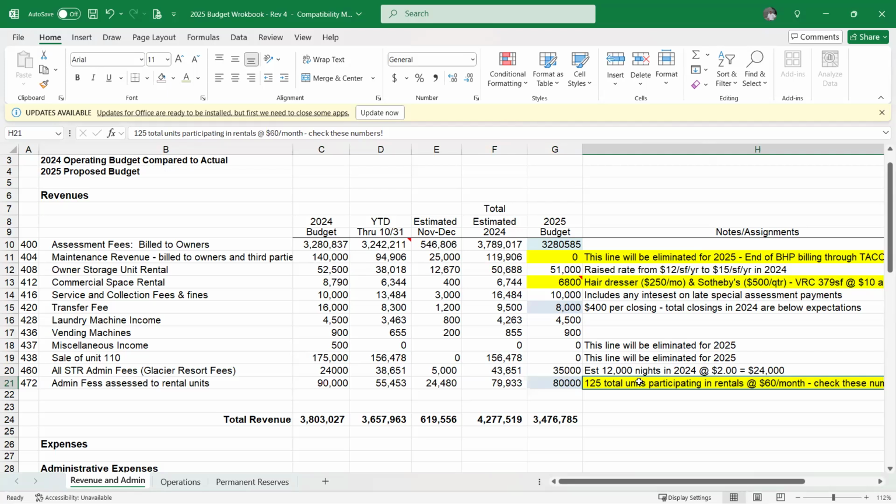Can anybody confirm that or check into it and find out? I can send an email to the front desk and have him count them. Okay. Are we capturing everybody? Are we charging that fee for everybody who's renting? Everybody that we know of. Yes, that we know of. Is that short and long term?